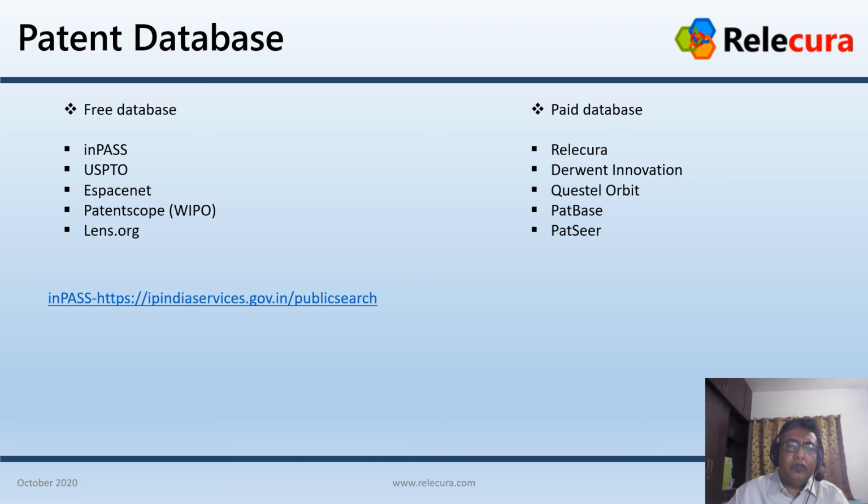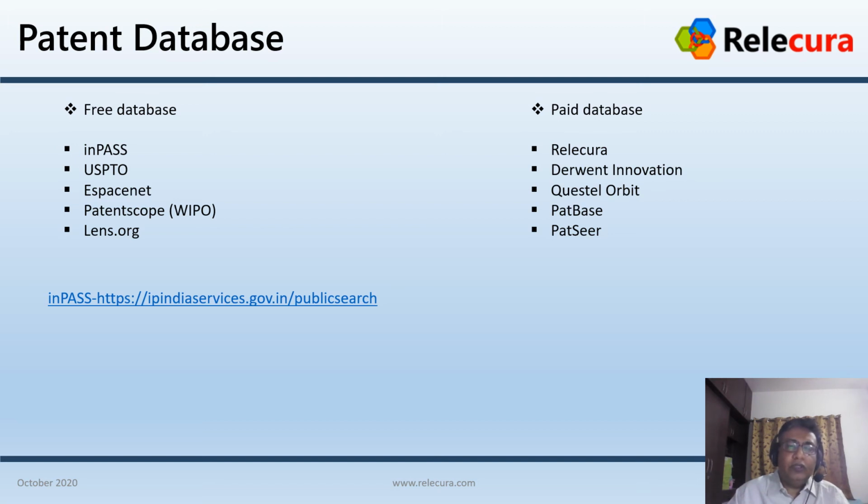And lens.org is also a freely available database, but there are certain limitations in these free databases. One limitation is that for most of the databases you will be able to search only that country's jurisdiction. Like, let's say for USPTO you can search only US patents.